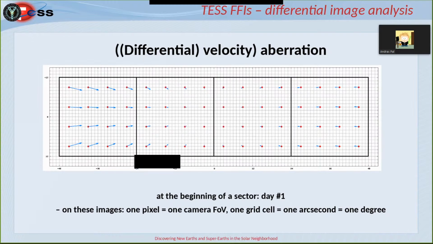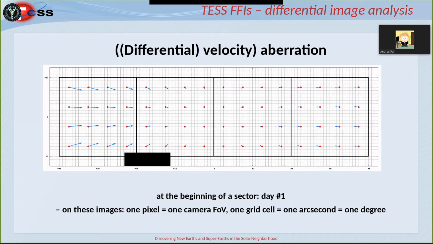Which means that if we divide this square into smaller cells using this grid, then we can say that one grid cell is 1 by 1 degree if we consider it a part of the field of view, or it is 1 arcsecond if we refer to this block as a kind of TESS pixel, and we just want to show what is the difference of the apparent position of the stars here.